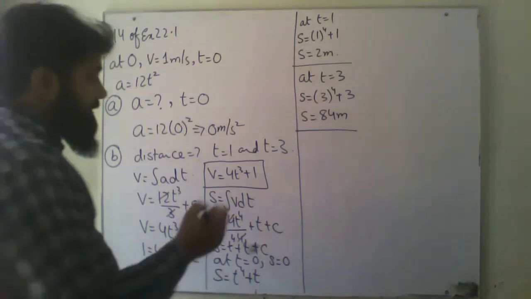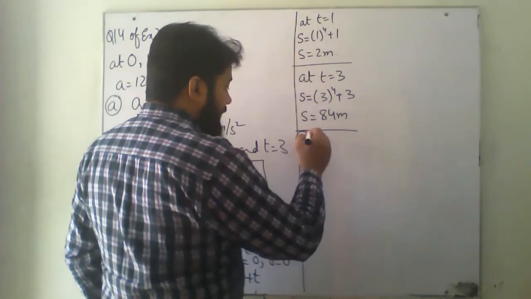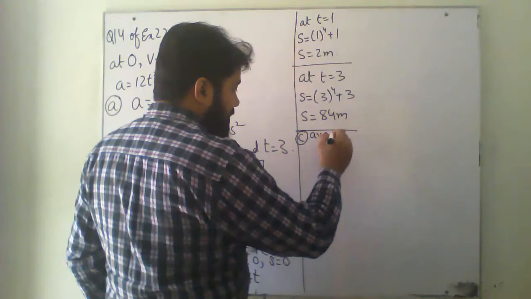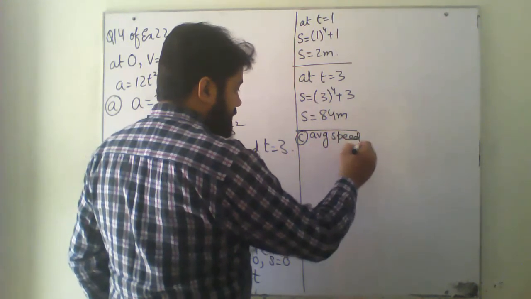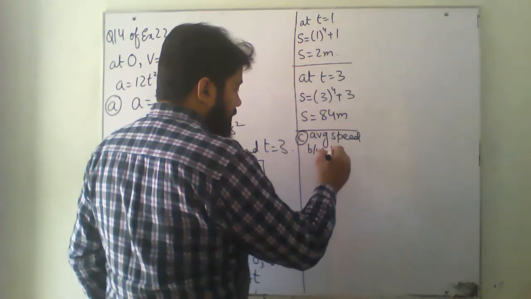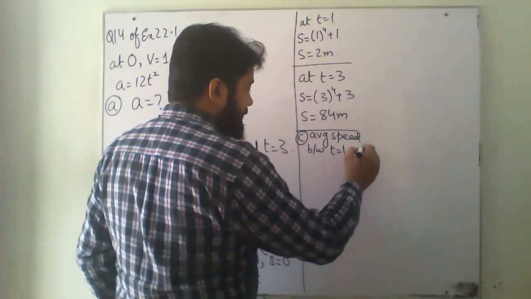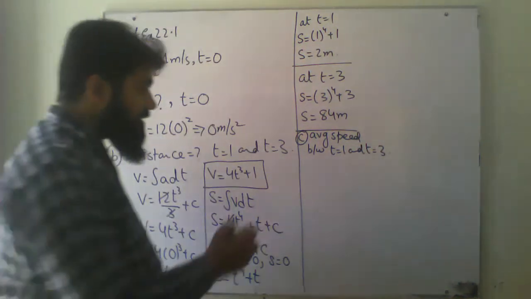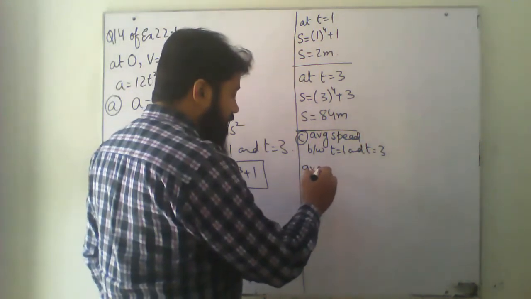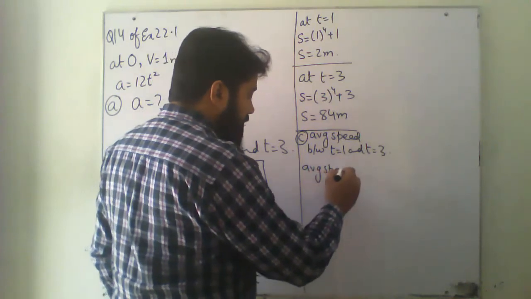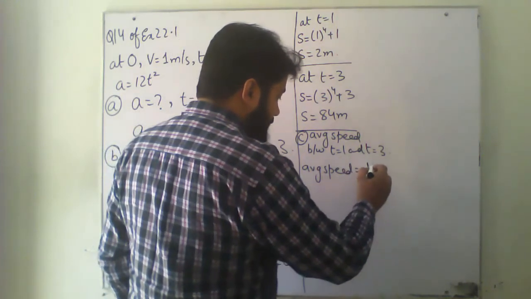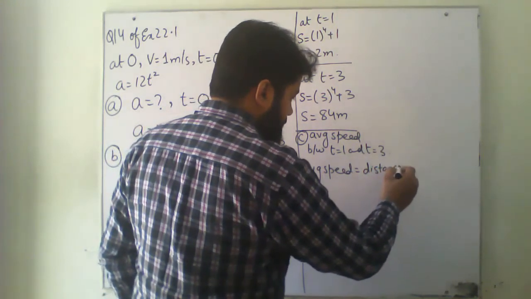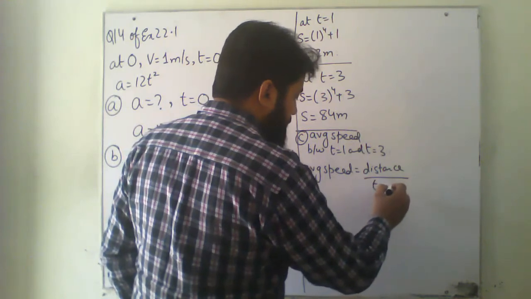Now, the last part is that I have to find average speed between t equals 1 and t equals 3. Okay. So what's the average speed formula? Average speed formula is distance over time interval.